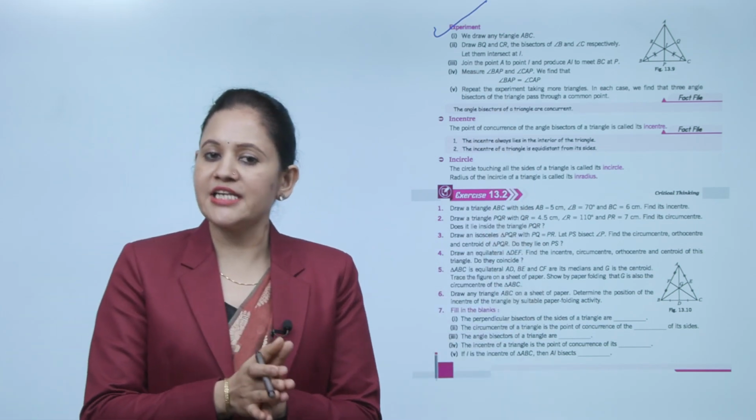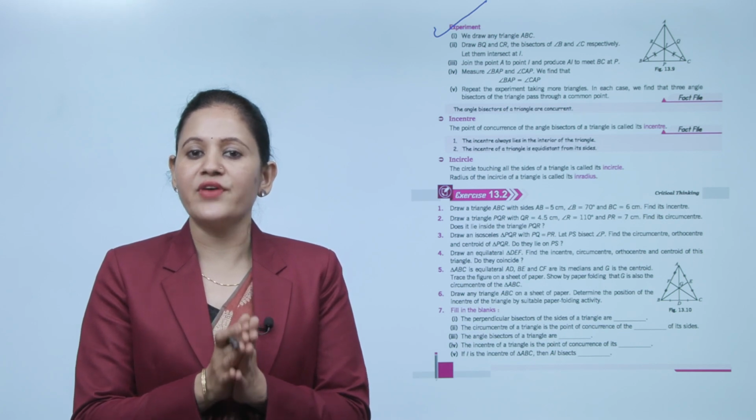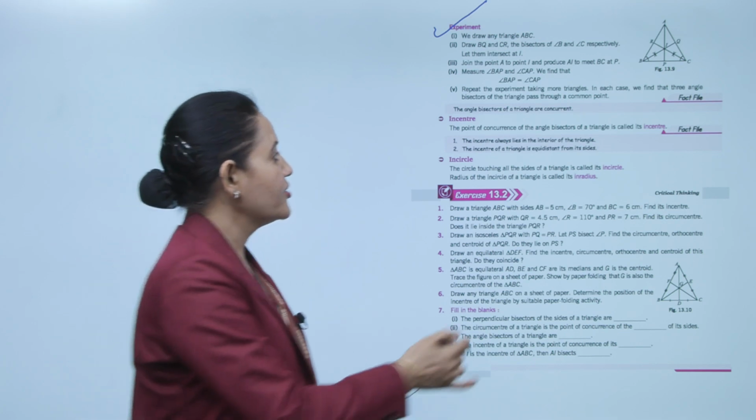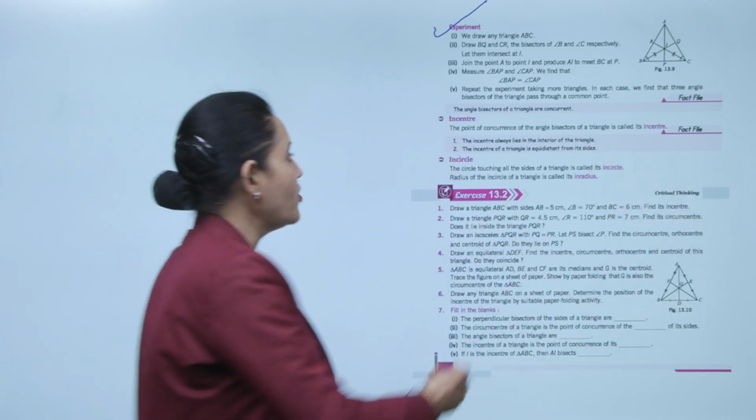First, we'll draw any triangle ABC. Draw BQ and CR, the bisectors of angles B and C respectively. So, this is the triangle ABC. Now, we have drawn two angle bisectors.